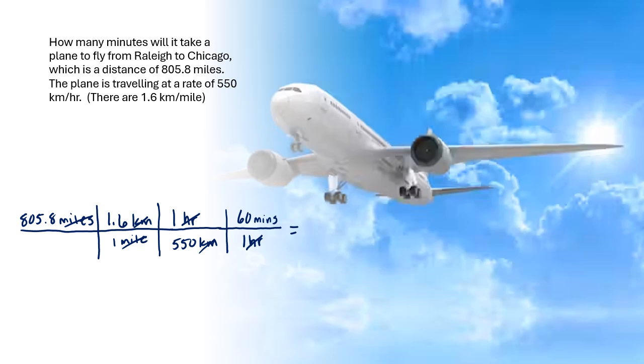The math that we're asked to do is 805.8 times 1.6 times 1 times 60 divided by 1 times 550 times 1.